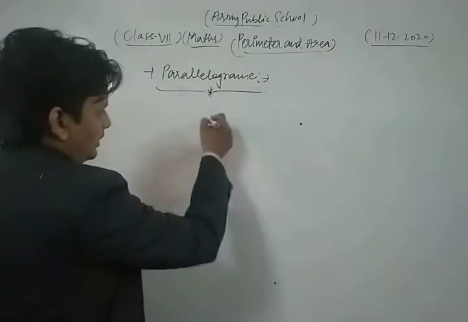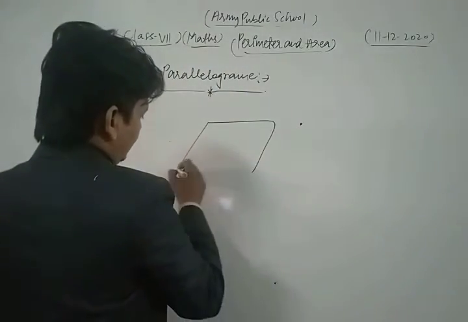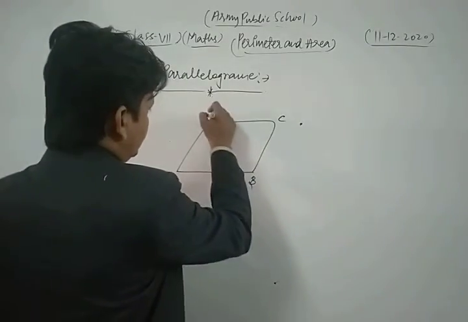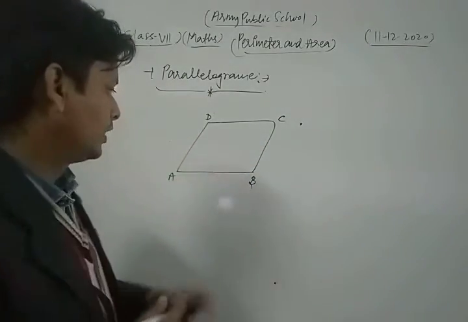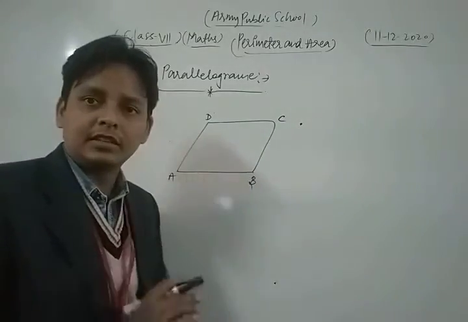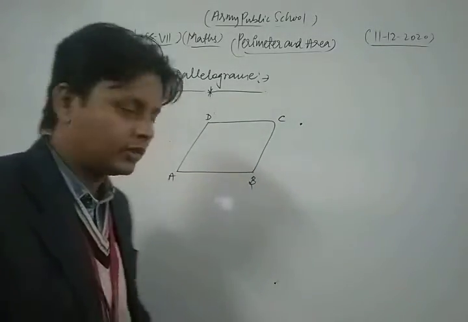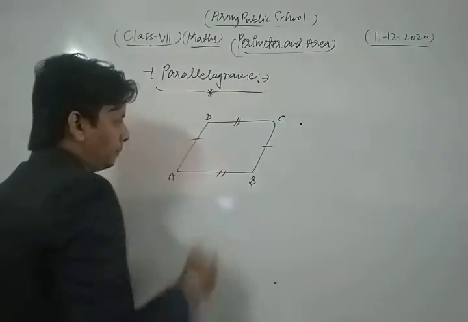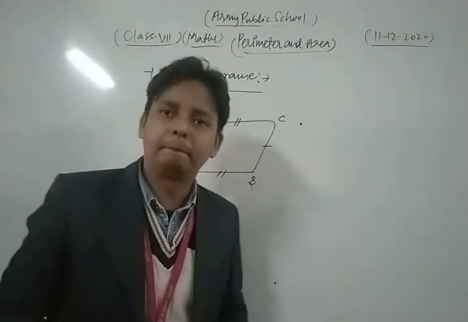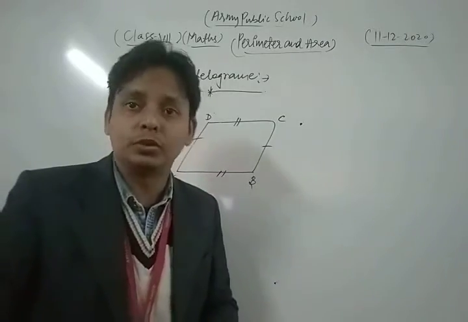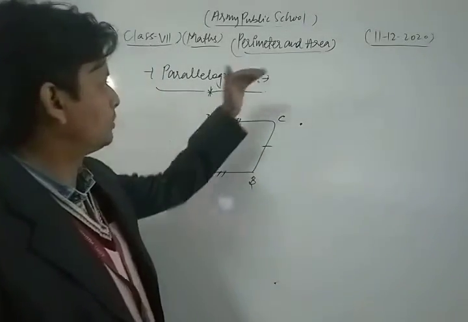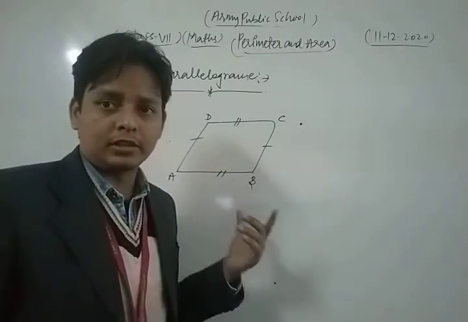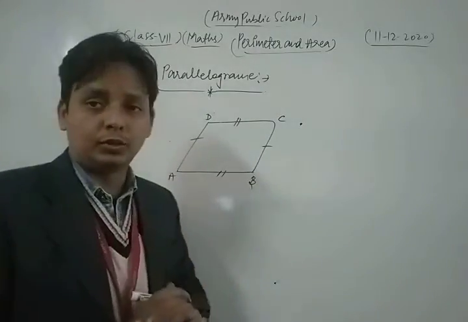Right? Now let's see. If we draw it in this way, here A, B, C, D is a parallelogram, in which opposite sides are parallel and equal to each other. So a parallelogram is a form of quadrilateral in which opposite sides are parallel to each other.